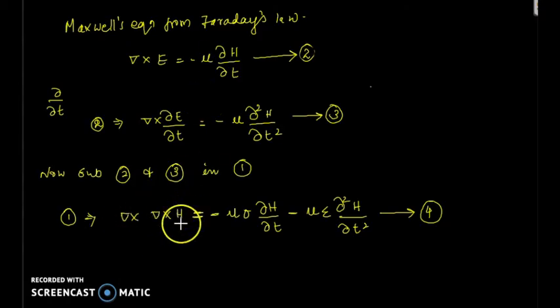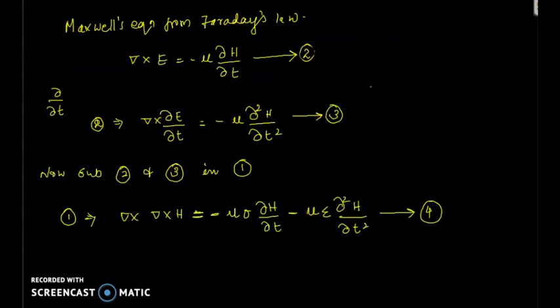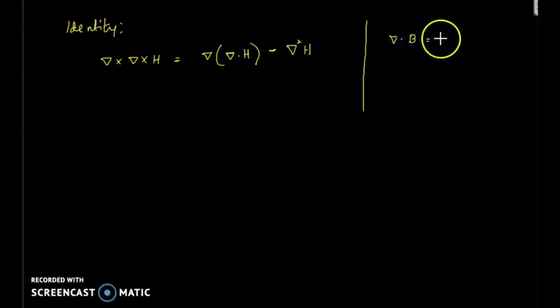Now, using the identity, we can expand this function as divergence of H minus del square H. But we know that Maxwell's fourth equation states that the divergence of B is 0.